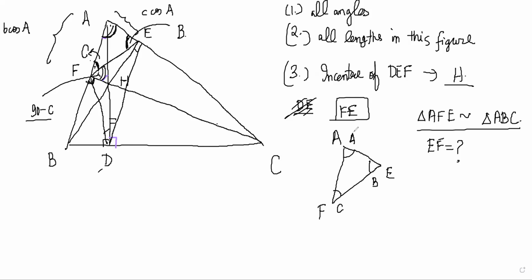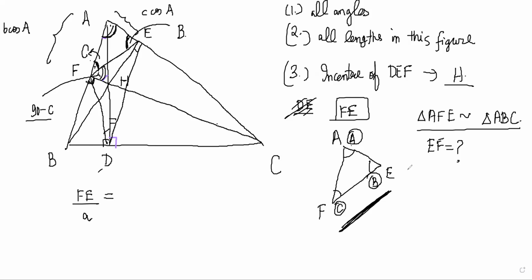Look at the triangle and the angles right here. In AFE, which side is opposite to angle A? FE. In triangle ABC, it'll be BC, or small a.